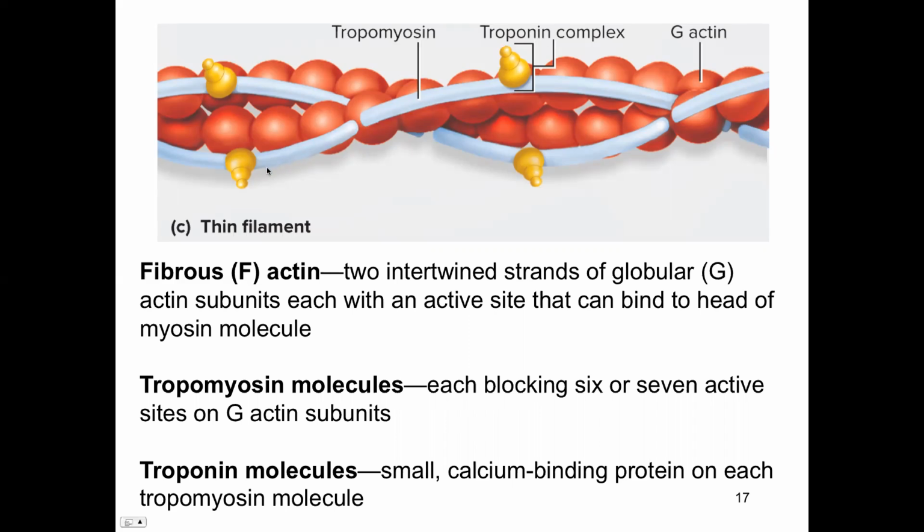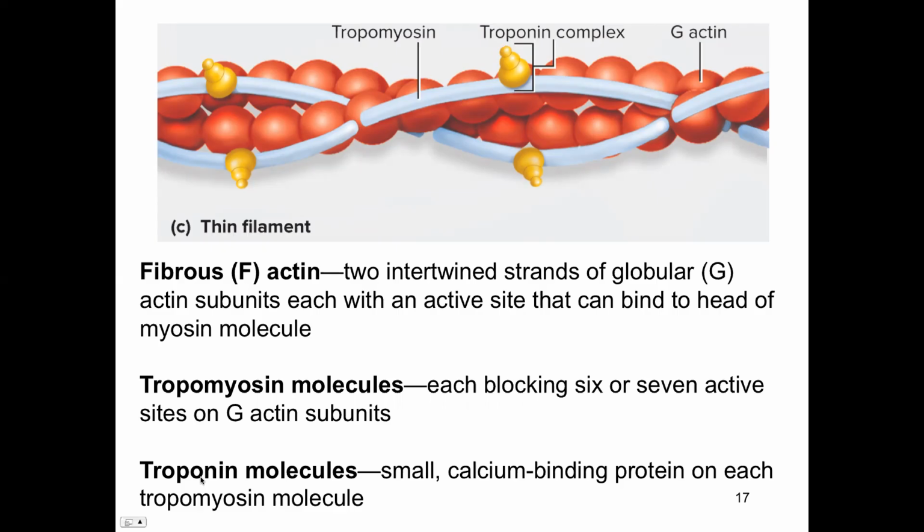And onto tropomyosin is bound another protein or molecule called troponin. Now, troponin is a calcium binding protein. And what happens when the muscle is stimulated and the electrical potential travels down the T-tubule to then release calcium from the sarcoplasmic reticulum? The calcium then binds to troponin, because this is a calcium binding protein, as I said.